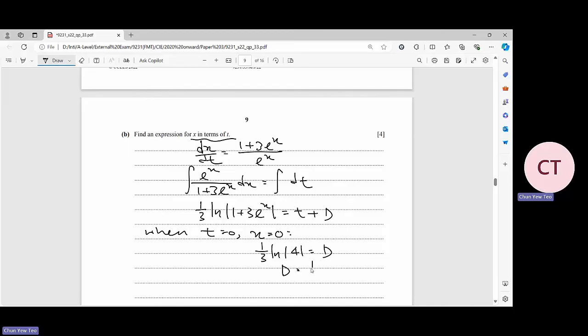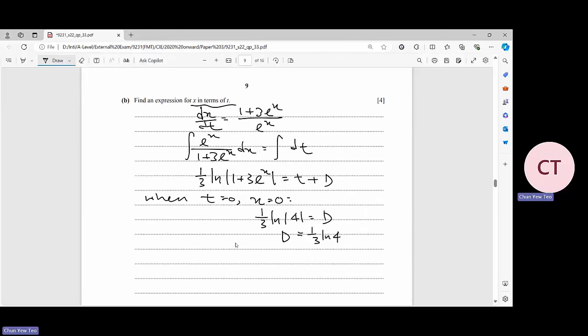So d is equal to 1 over 3 ln 4. You can take away the modulus. So put the d back, you will get 1 over 3 ln 1 plus 3e power x equals t plus 1 over 3 ln 4.